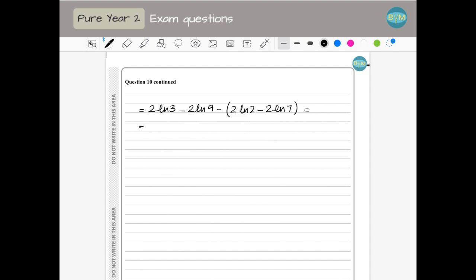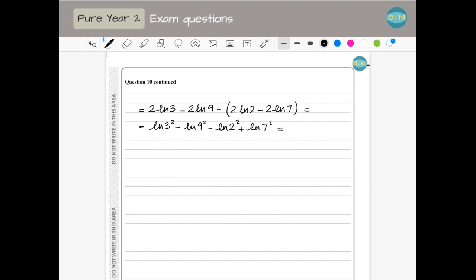I can multiply the brackets, and I can put these 2s as exponents. So I have ln of 3 squared minus ln of 9 squared minus ln 2 squared plus ln 7 squared.